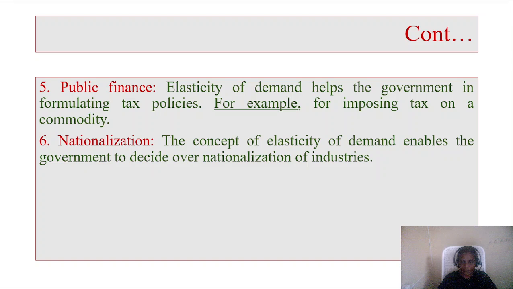It depends upon the elasticity of demand, and they decide whether it can be a nationalized industry or not. To the extreme level, if the industry is doing anything wrong, the government has the authority to cancel it. So commonly, nationalization of industries is helped by the elasticity of demand.